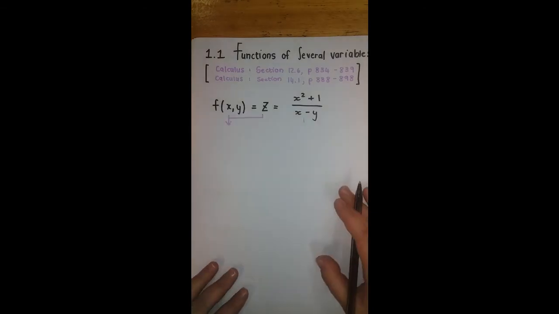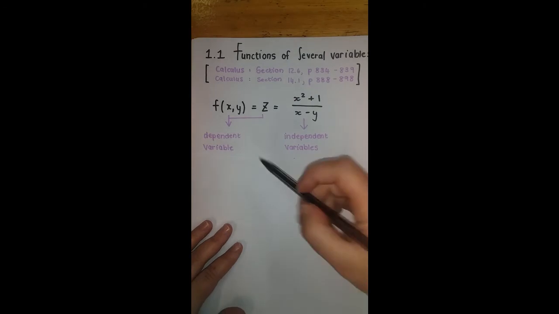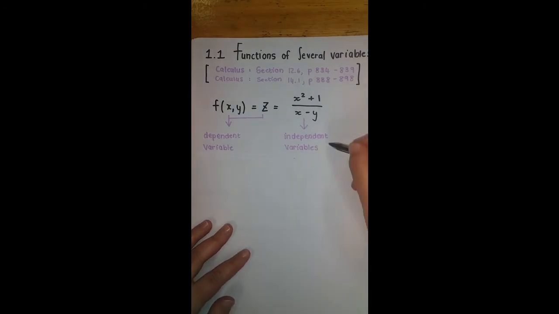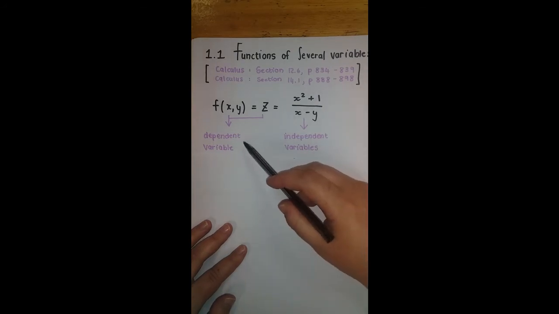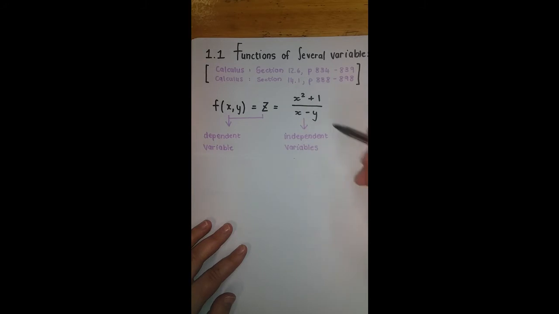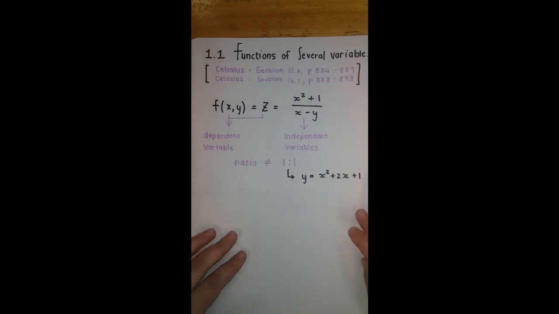So that included one dependent variable and one independent variable. But with functions with several variables, you have a dependent variable and you have several other independent variables. So the ratio of these two are not equal to 1 to 1.